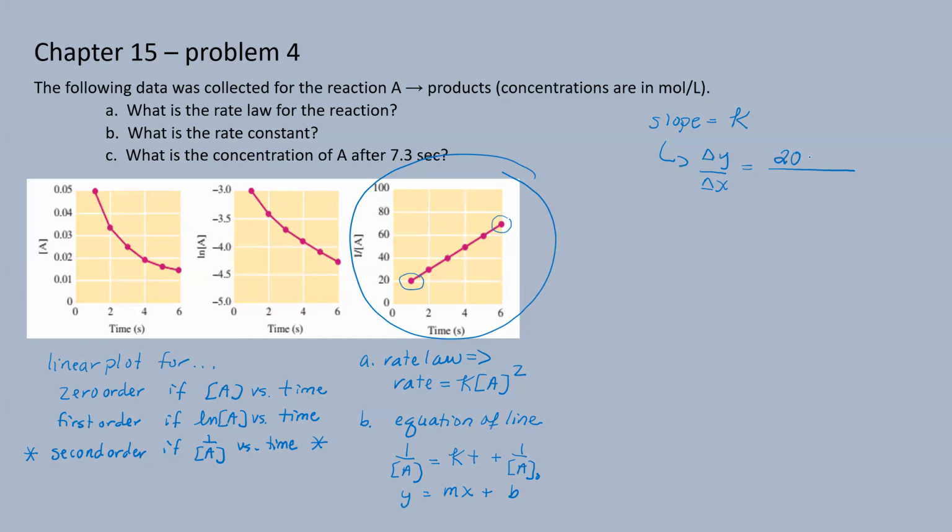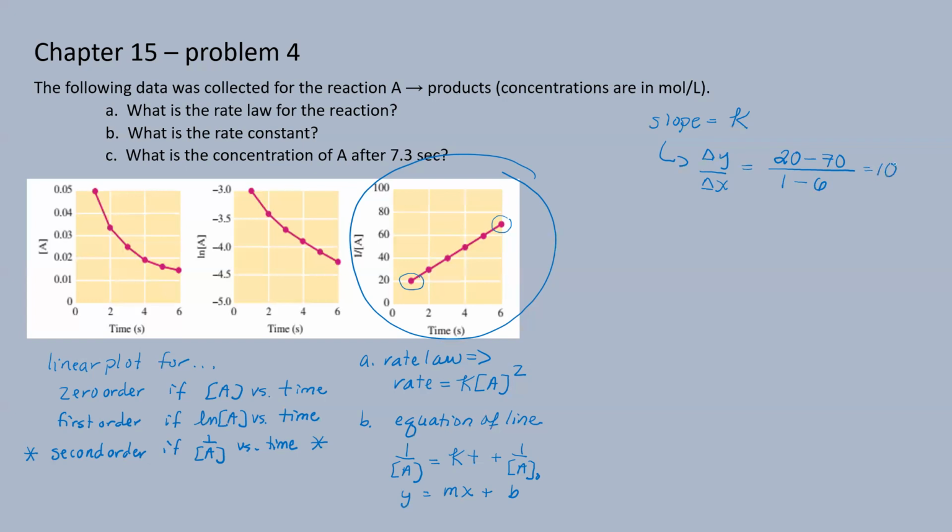If I look at the last point, it falls on 70. This is y, of course. Now, if I look at x, the first point is at 1 second, and the last point is at 6 seconds.